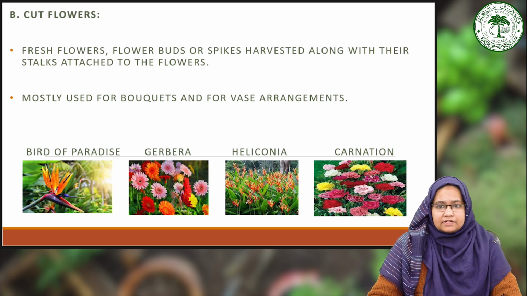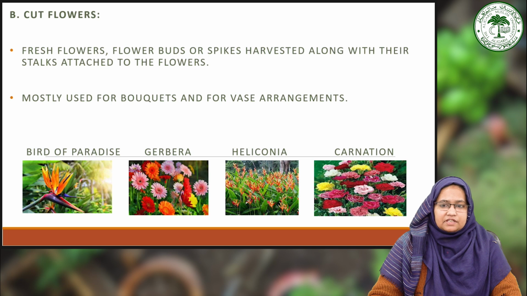Another type is cut flowers: fresh flowers, flower buds or spikes harvested along with their stalks attached to the flowers. Examples like bird of paradise, carnation, gerbera, heliconia, orchid, rose.